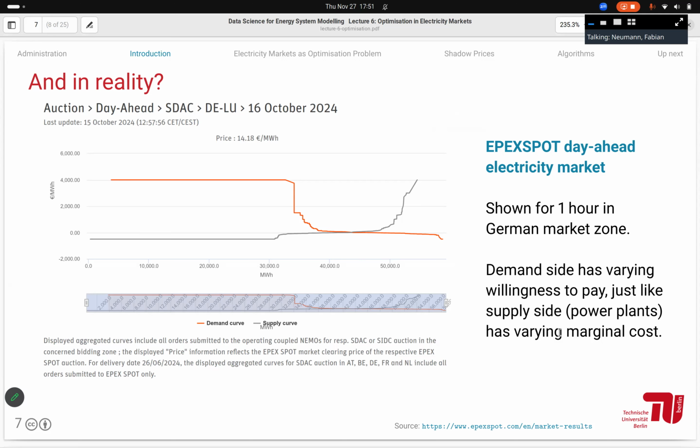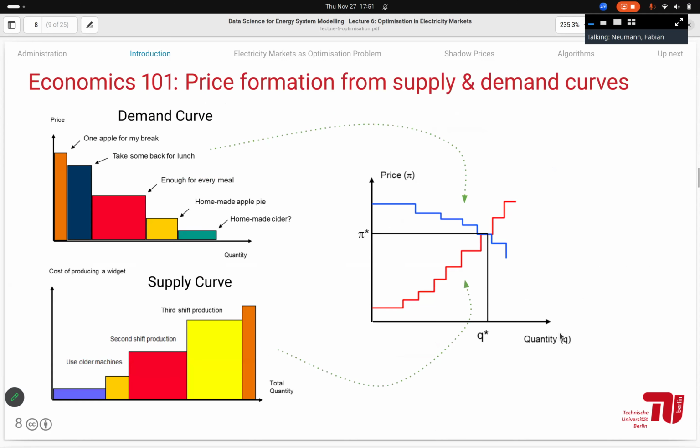This basic concept follows Economics 101. So very briefly, for those who haven't done any economics courses so far, the basic principle of the supply and demand curves is that you have changing willingness to pay to consume a good. So here there's a demand curve for apples. Maybe the first apple is highly valuable for you, one apple for your breakfast.